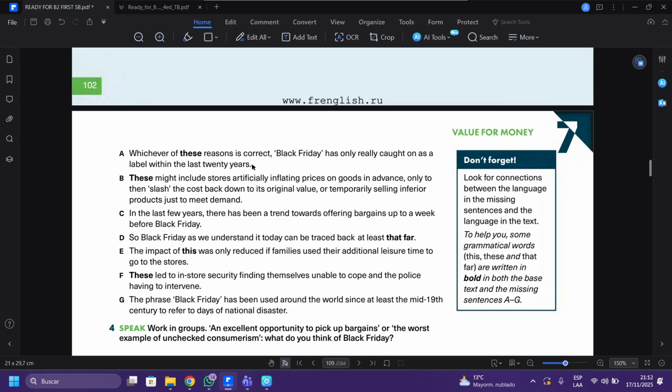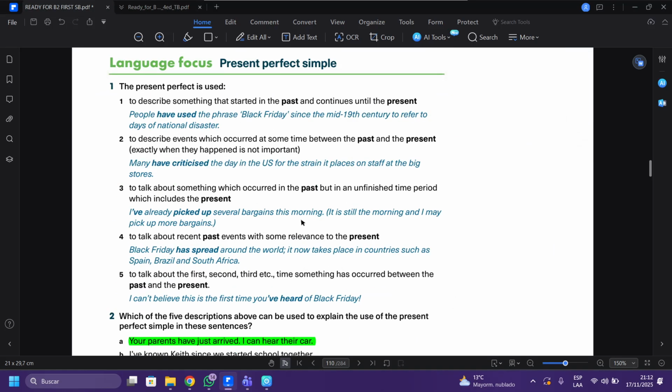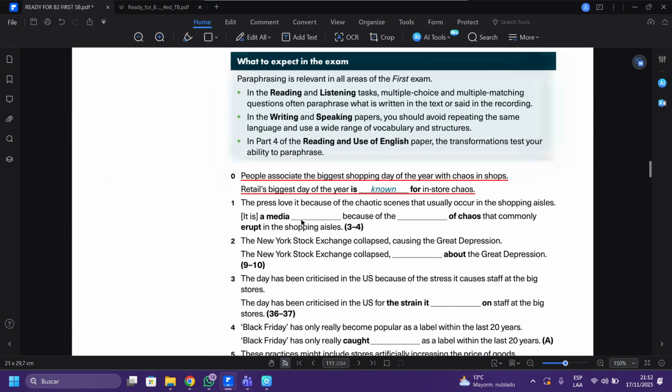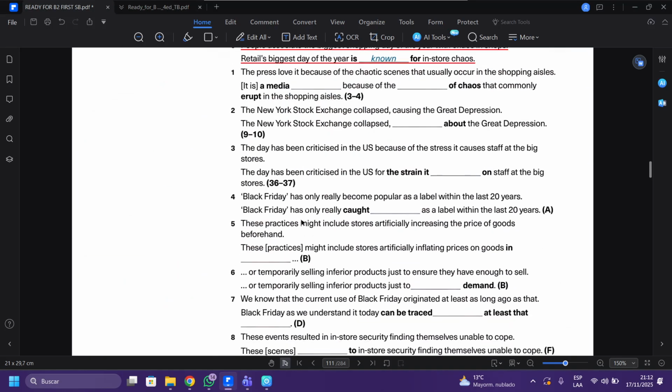Oh yeah, it's in the answers, the letter A. You see? Whichever of these reasons is correct, Black Friday has only really caught on as a label within the last 20 years. You see? Yes, really caught on. So caught on means to become popular. That is the meaning of this phrasal verb.